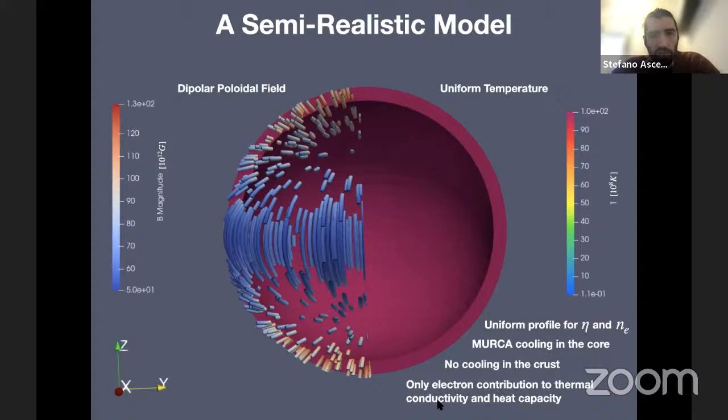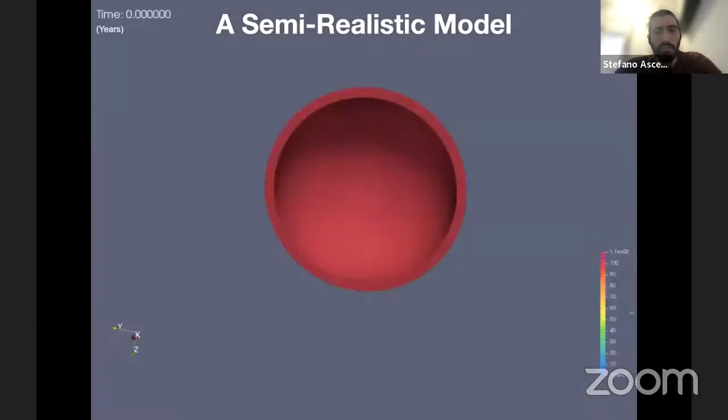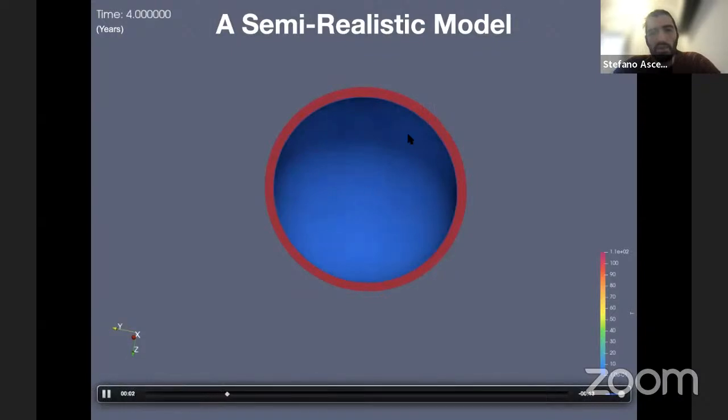This is very unrealistic because we know, especially for the heat capacity, that the neutrons, especially in the core and the inner crust, are the dominant contributors. So, given this introduction to the simulation, I show you this result. We have a phase where the core cools unrealistically rapidly, and then you should start to see the heat diffusion through the crust.